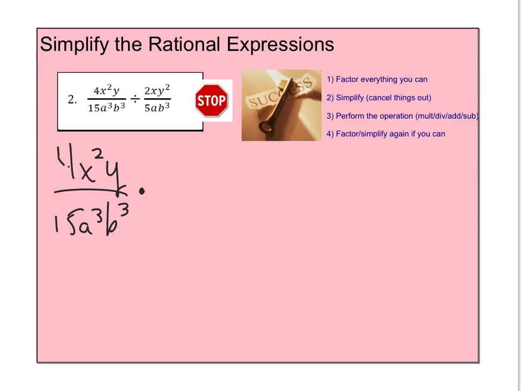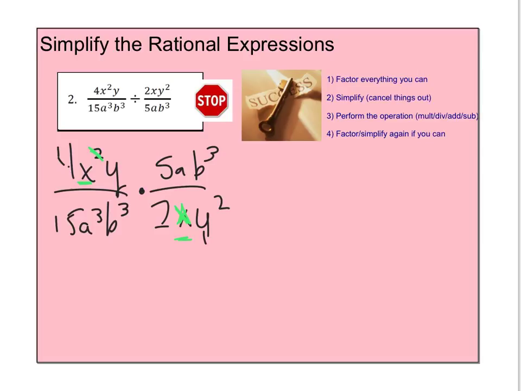Here, since it's division, I'm going to flip the second one and then do what I was doing before. Start playing around with what I can cancel out. I've got x squared and x, so that'll cancel out.